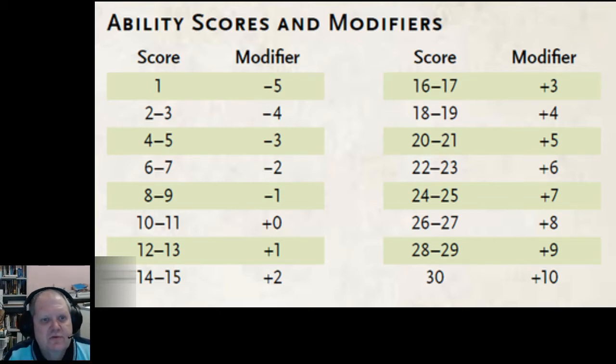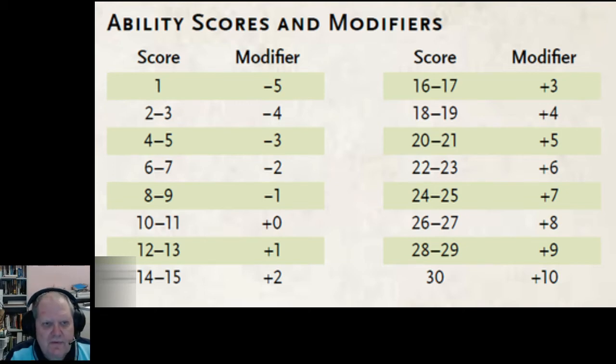So if your strength was 3, for example, when you roll your 20-sided dice, you will subtract 4 from the roll that you get, and that's your modified roll. If your strength is 18, however, you'll add 4 to the roll. You can see then that the higher your score is, the more likely it is you're actually going to succeed in whatever task you're attempting to do.